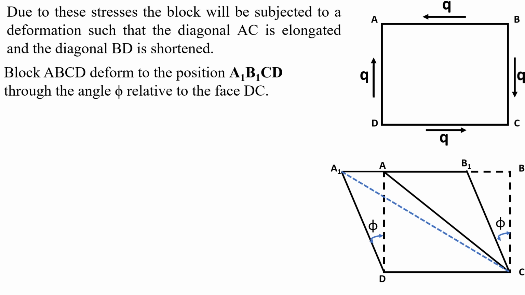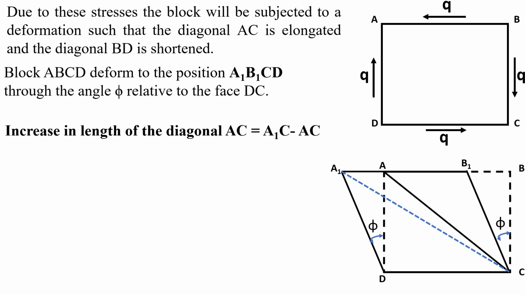Diagonal AC is increased to A1C, so diagonal AC is elongated. Similarly, the other diagonal BD is reduced to B1D, so diagonal BD is shortened.